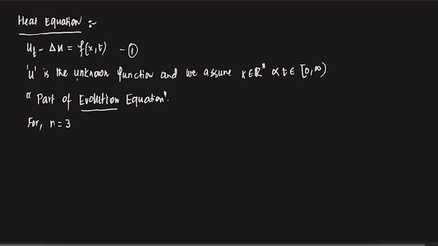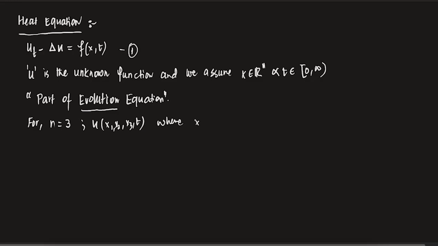How does this equation look? First of all, u in this case will be a function of x1, x2, and x3, and t, right?